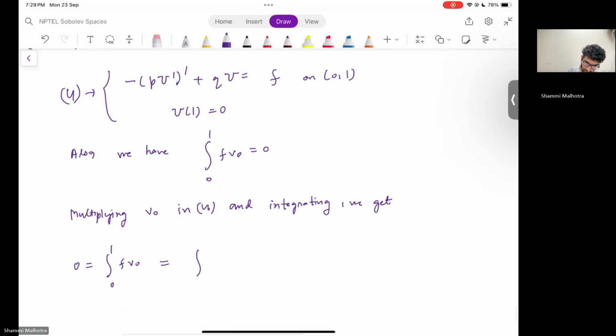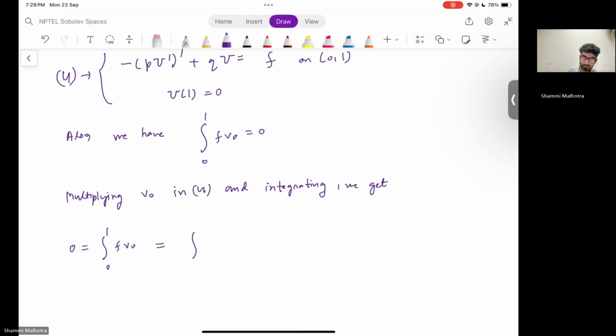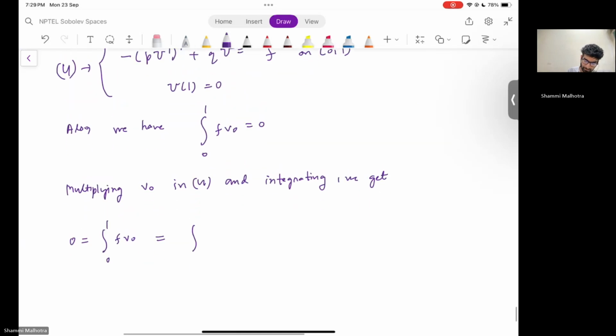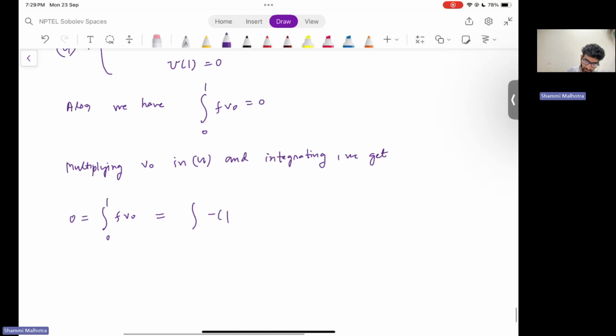the integral from 0 to 1 of minus (p u')' v naught plus the integral from 0 to 1 of q u v naught.